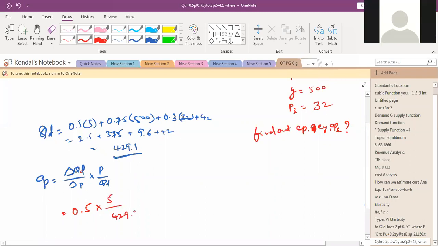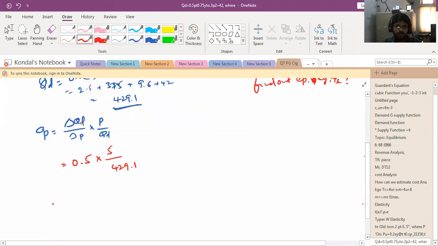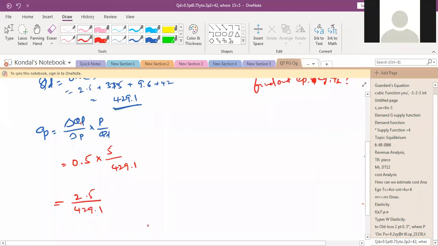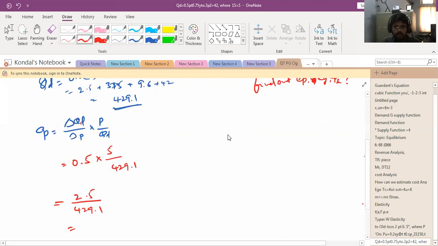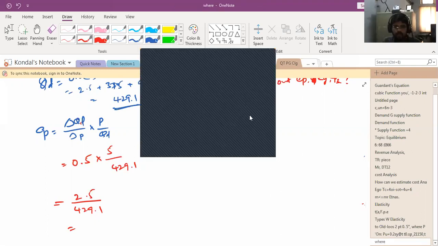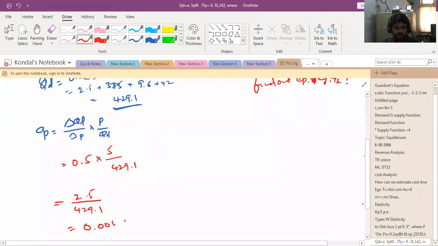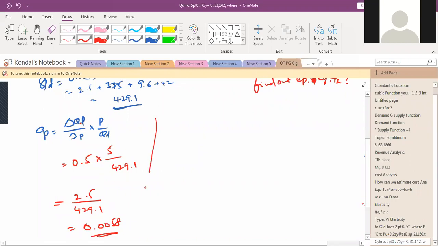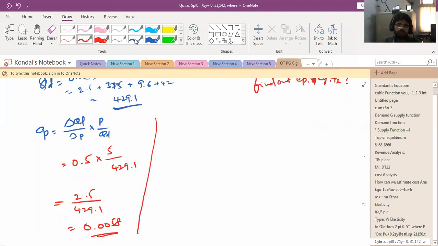Then QD is 429.1. So 0.5 into 5 is 2.5, divided by 429.1. How much will we get? 0.0058.